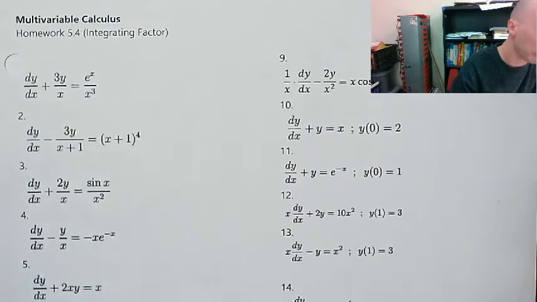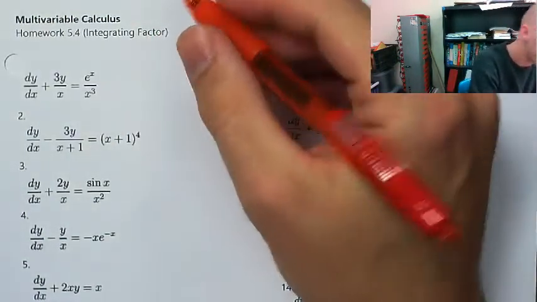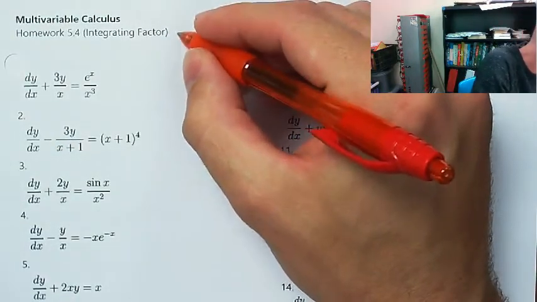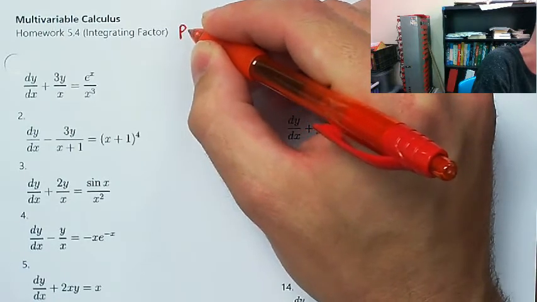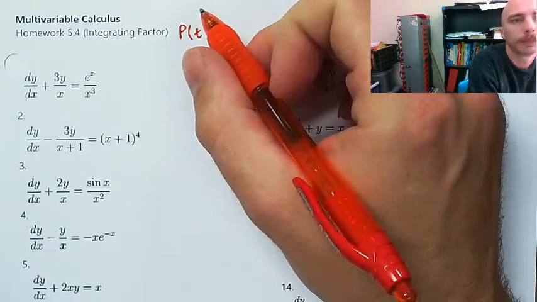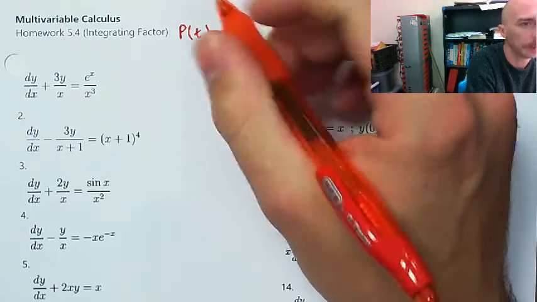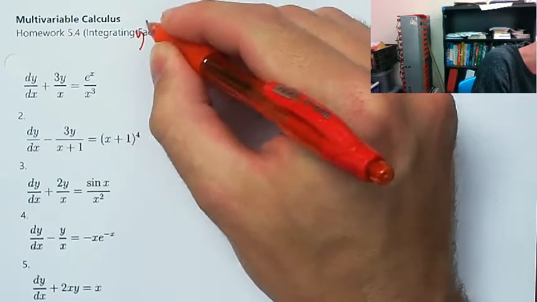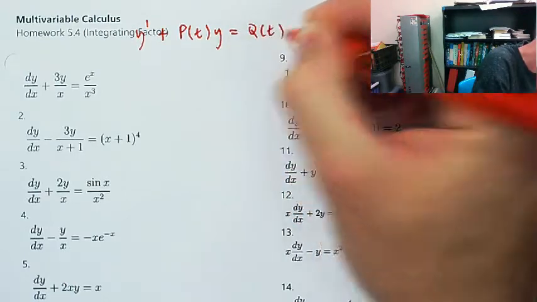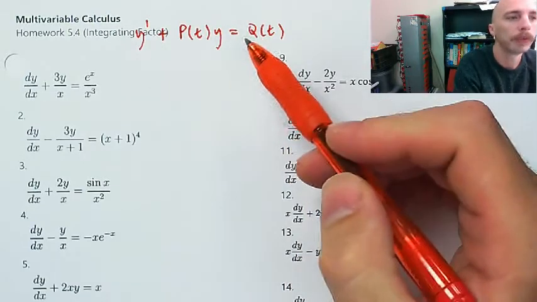Just remember, before we even get started, that the thing we're looking for to know that we need to use the integrating factor technique is some sort of differential equation like y prime plus P of t y equals Q of t.